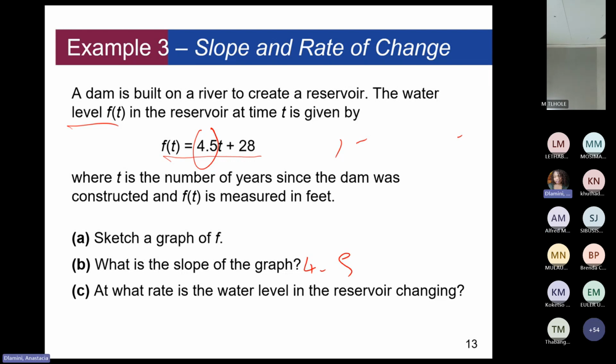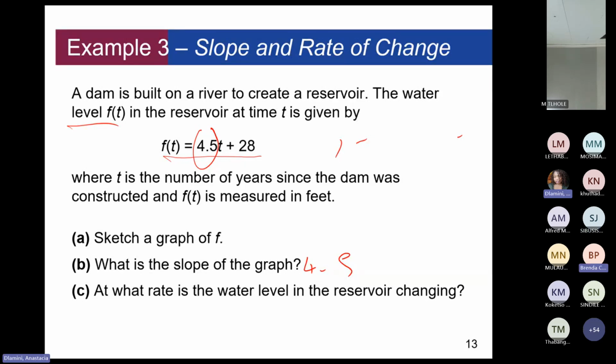Do you see how this question is asked? What rate is the water level in the reservoir changing? 4.5, ma'am. Thank you. 4.5. Did you all get that?